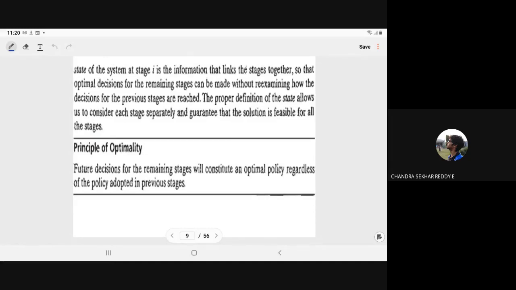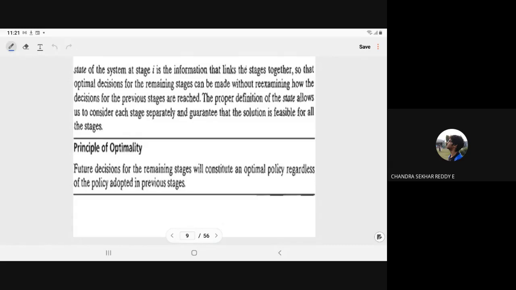For the following stages, we only depend on the current optimal solution, and how the current solution was reached is immaterial.